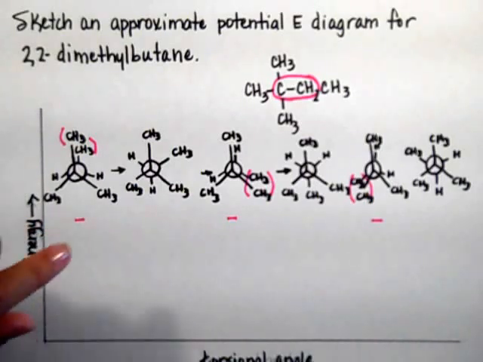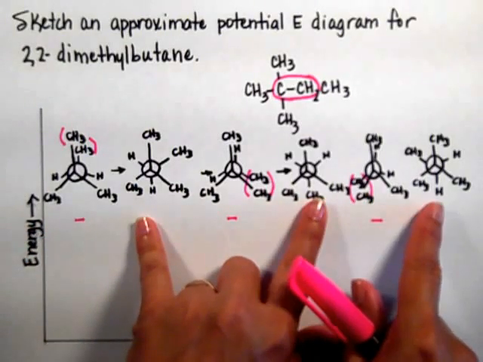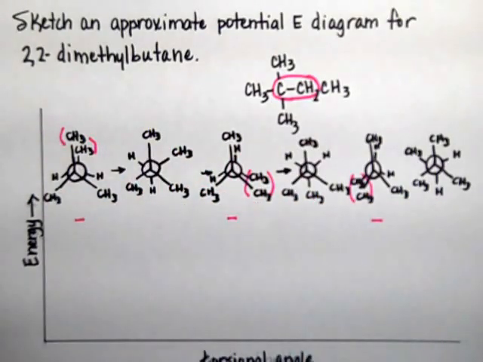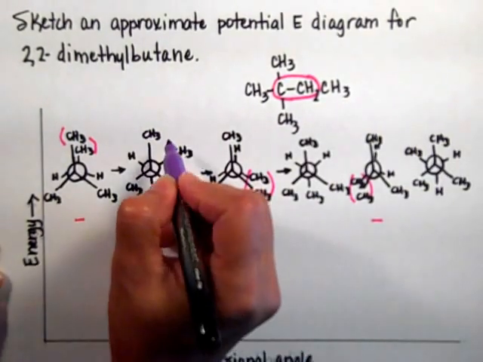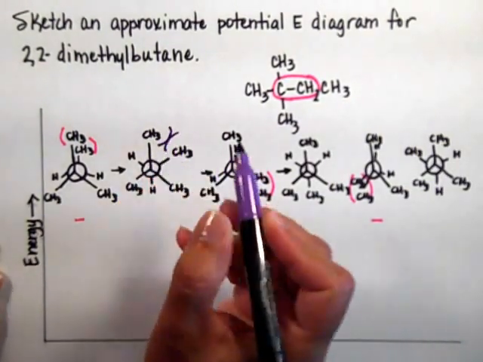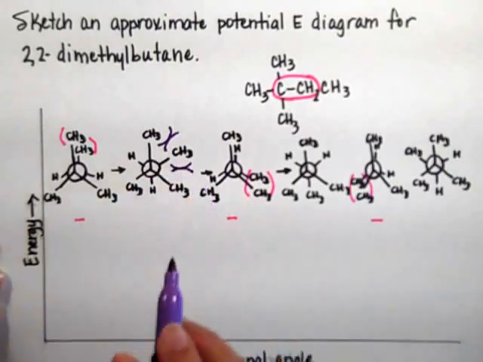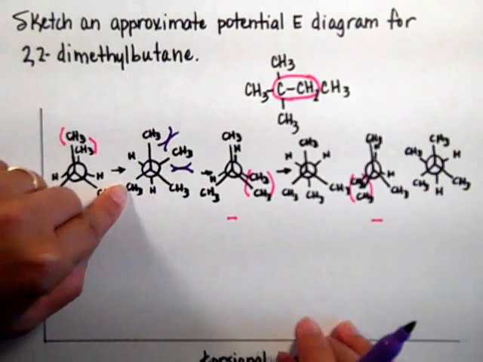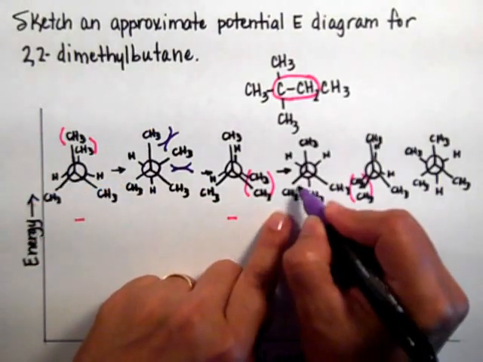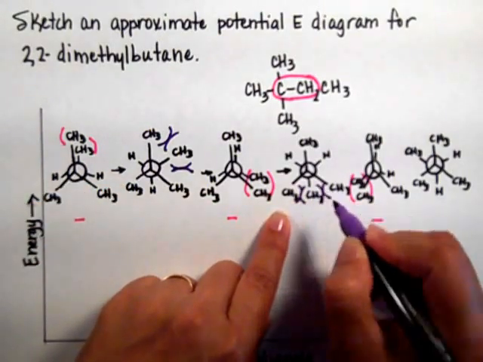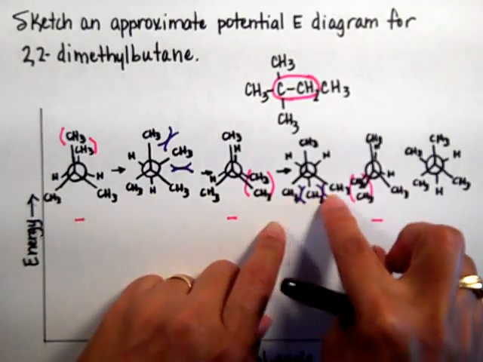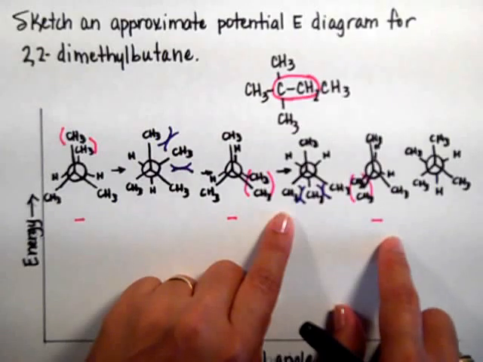All right, time to go to our staggered, and I have 1, 2, 3 staggered. What I want to do is check for interactions between the methyls. So this one has 2 gauche interactions, the other methyls on the other side. This one right here, 2 gauche interactions, the other methyls on the other side.